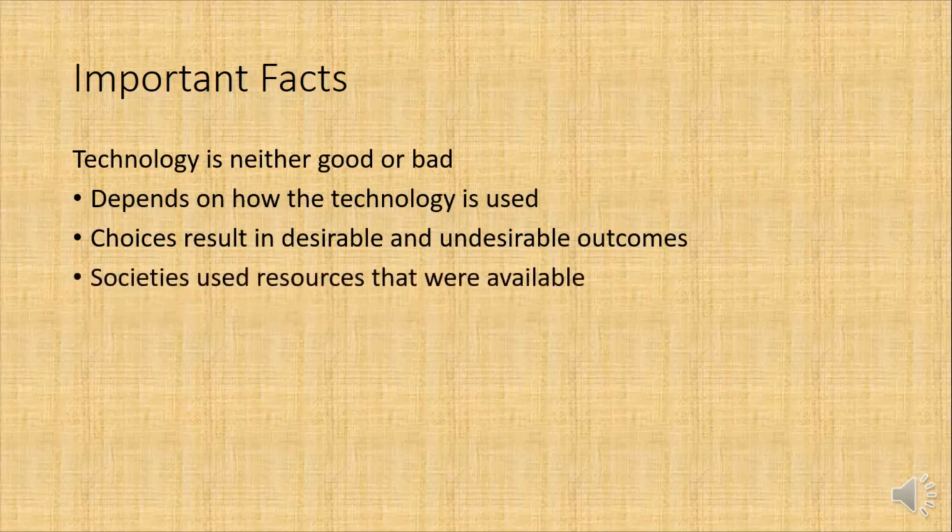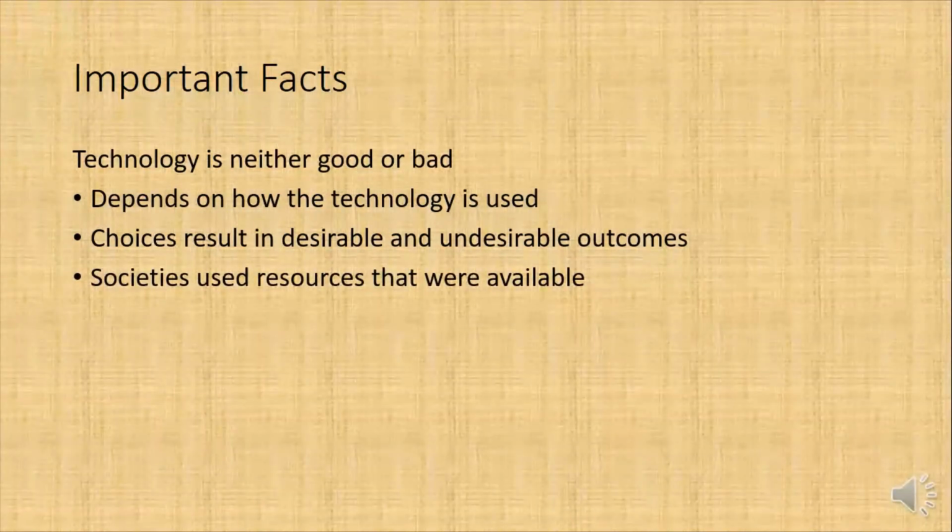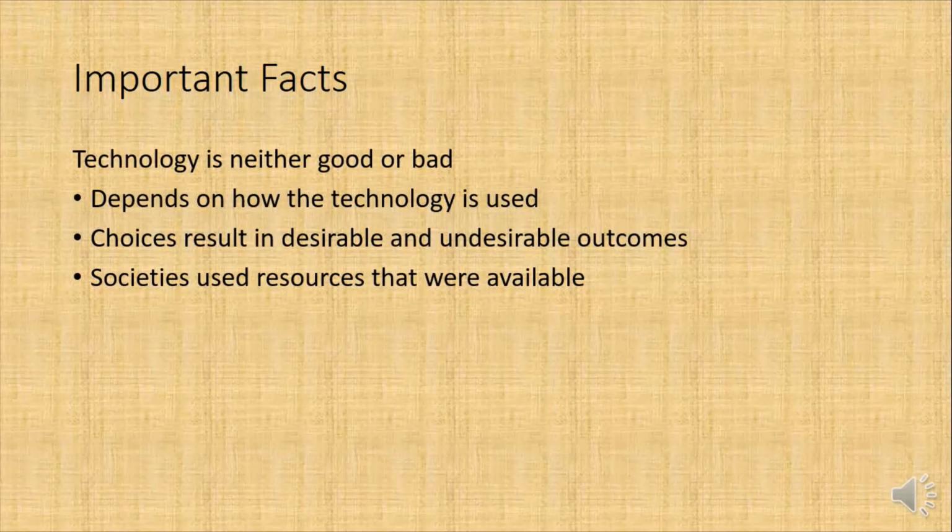We also want to talk about how societies used the resources that were available. When a society or a human species settled or built a city in a specific area, many times they used the resources that were available to them.